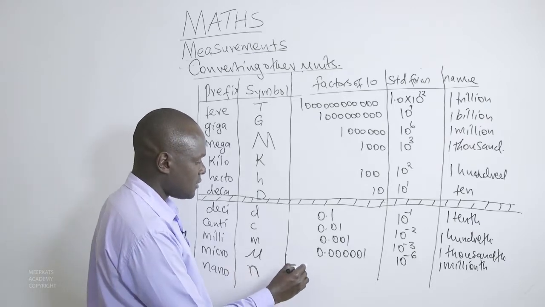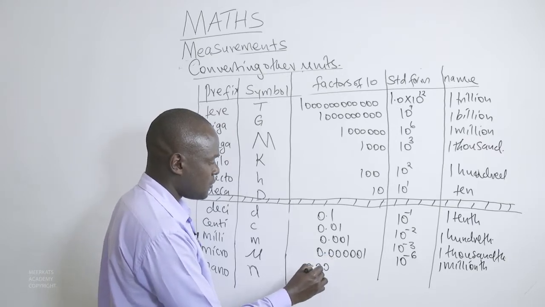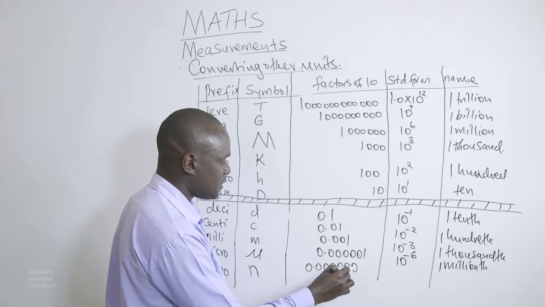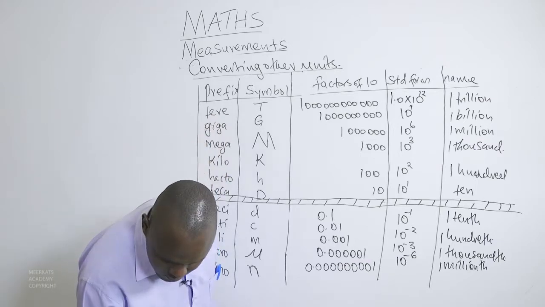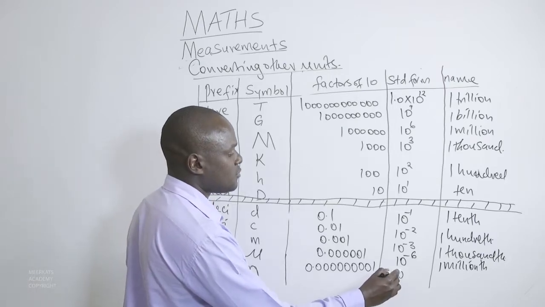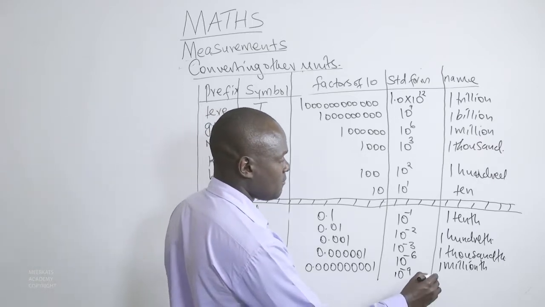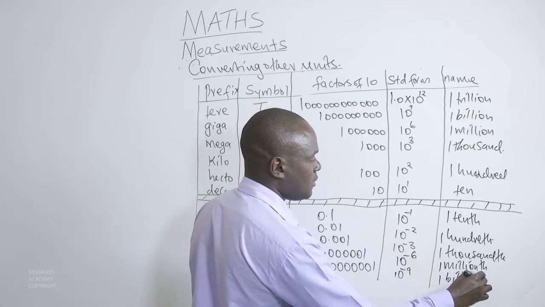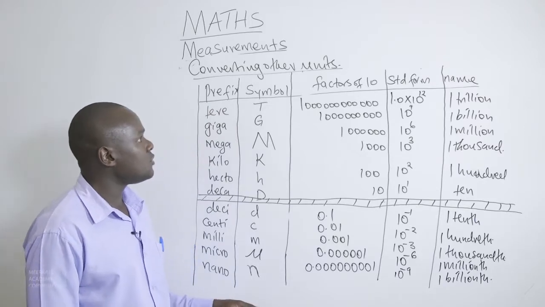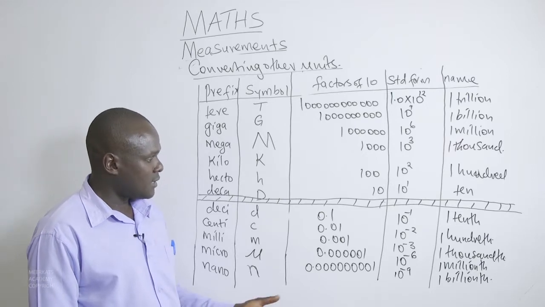And nano is the same as 0.000000001, which is the same as 10 raised to power negative 9, and this is called a billionth. 1 billionth. So we can continue up to the level of tera, but this is the largest.